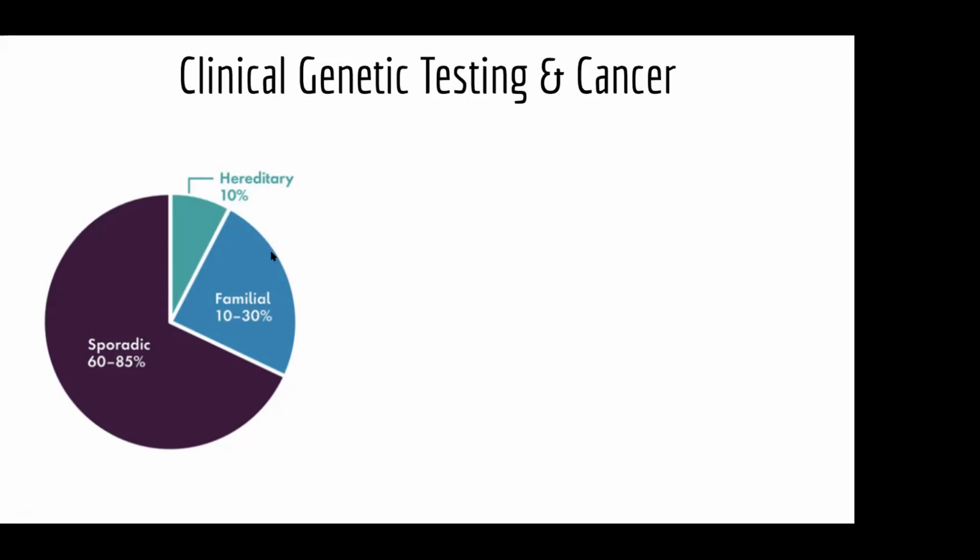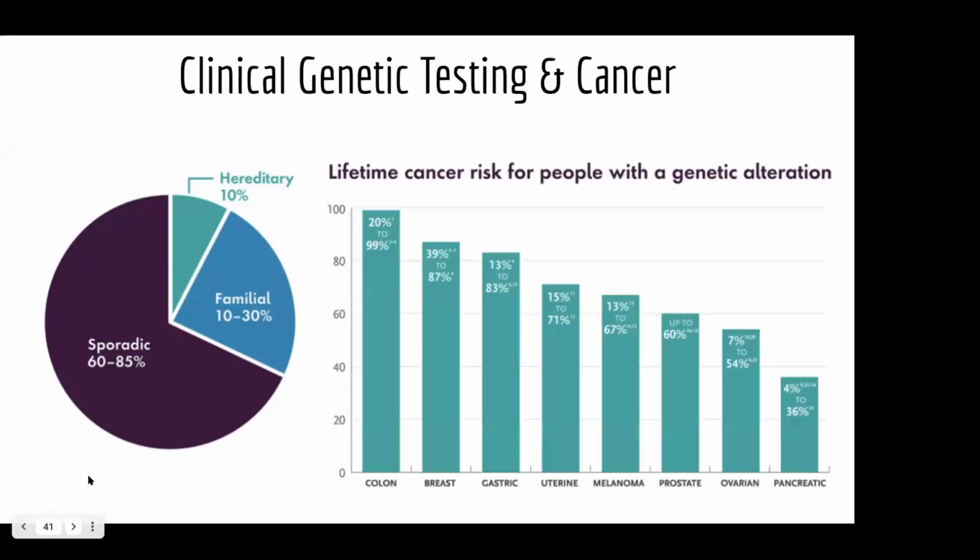The rest are somewhere in between. We don't really know if there's a specific gene in your germline background that's making you have a stronger risk, or if it's something shared within a family environment that's not directly related to a gene that we can look for.